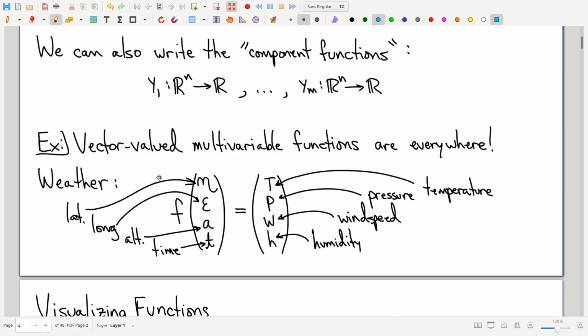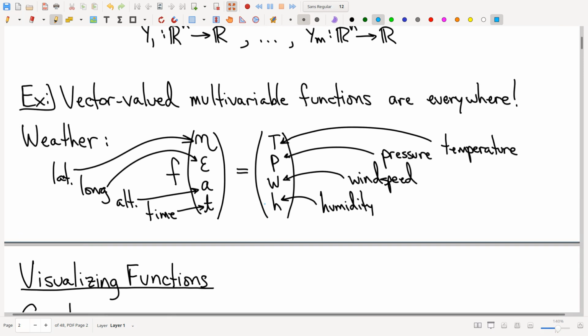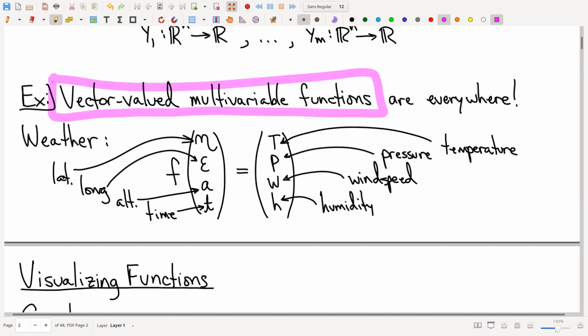It's worth a glance. And then I just like to point out very quickly that even though the term vector valued multivariable function sounds sophisticated, this is actually a really common thing to need to talk about. It's not a sophisticated idea, really.